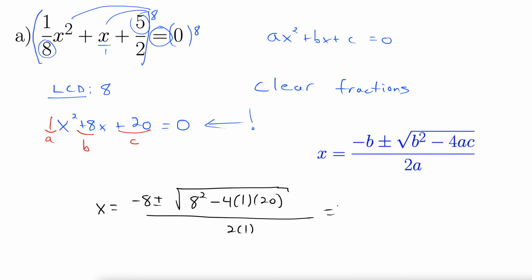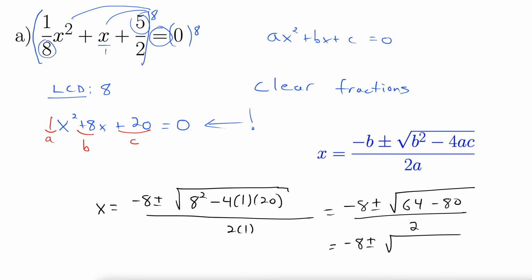Now we just work this out. Negative 8 plus or minus the square root of 8 squared, which is 64, minus 4 times 20, which is 80. 2 times 1 is 2, clearly. So negative 8 plus or minus the square root of 64 minus 80, which is negative 16. Oh, that's nice.